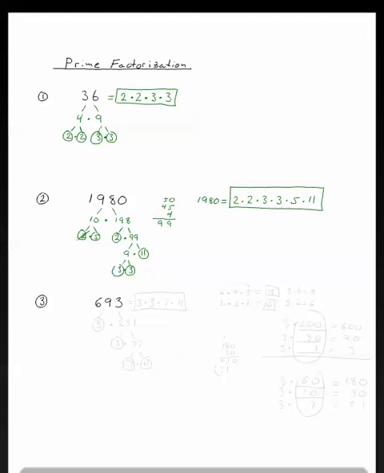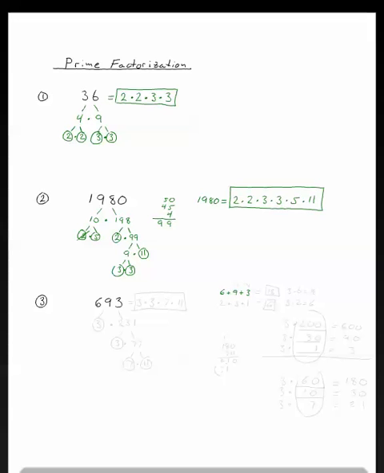Our last example is 693. Well, it's not even, so it's not going to be 2 times something. It doesn't end in 0 or 5, so it's not going to be 5 times something. So let me try my divisibility rule for 3. If I go off to the side, 6 plus 9 plus 3.